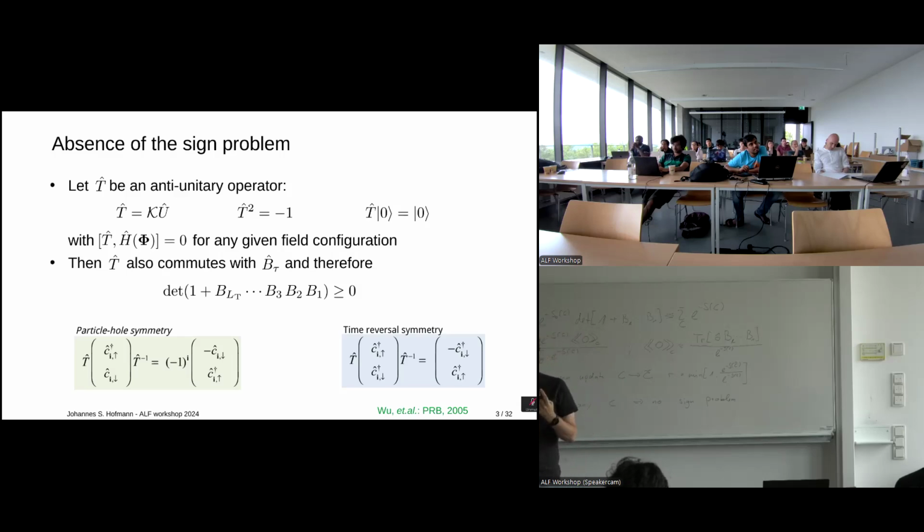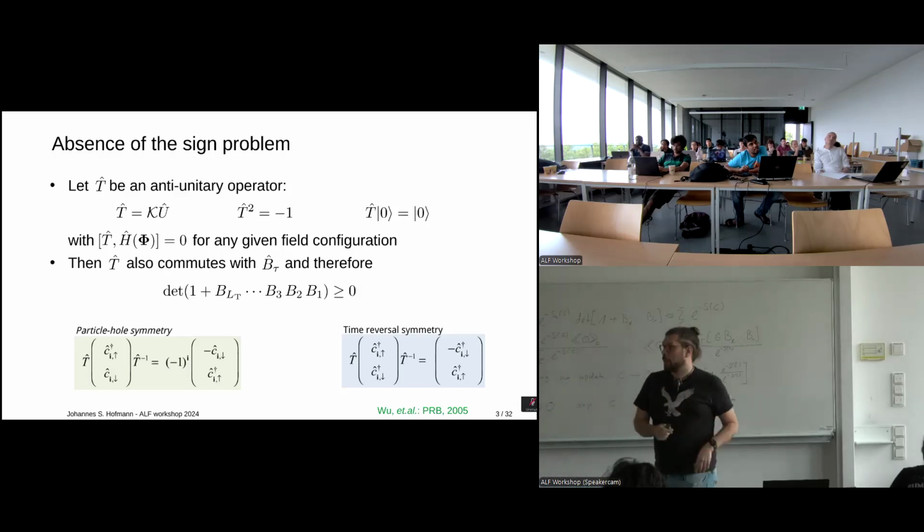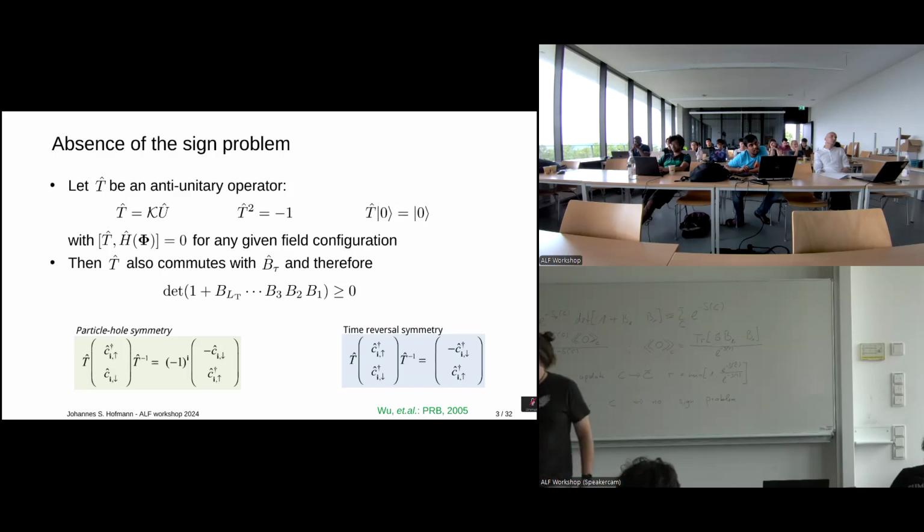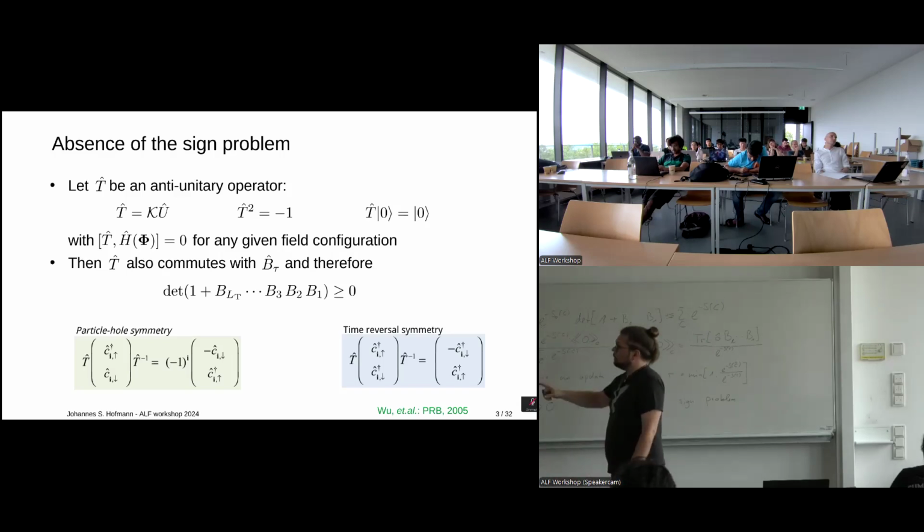Then you would only know that the eigenvalue is real, but you can't control the sign of it. So you really need a pair of eigenstates. And when you have this time reversal symmetry, it's important that this is a symmetry of the Hamiltonian after the Hubbard-Stratonovich transformation, not beforehand, so that you can guarantee that the time reversal symmetry applies to any given field configuration.